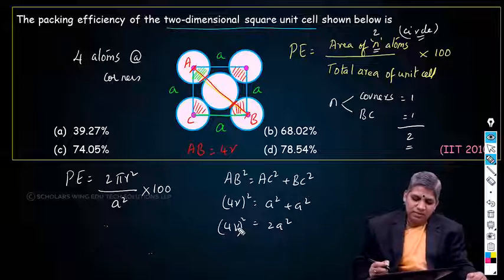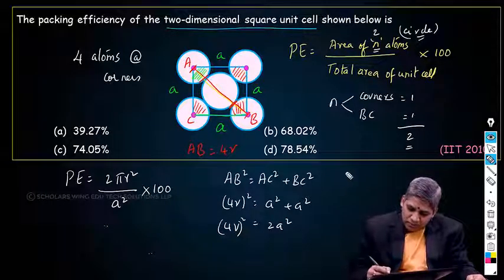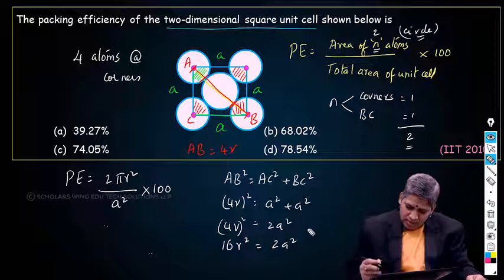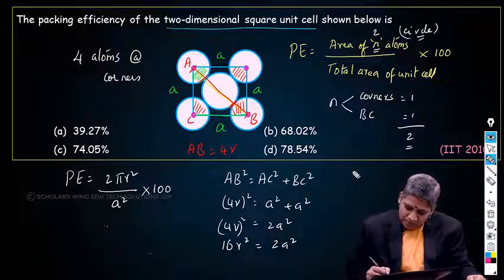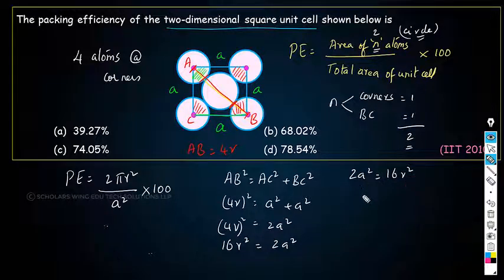From this, can we find a? It's very simple. 4 square is 16, so 16r square is equal to 2a square. Once again, a square is equal to 16r square by 2. So 2 ones are 2, 2 eights are 16, so now in place of a square, I can put 8r square, right?